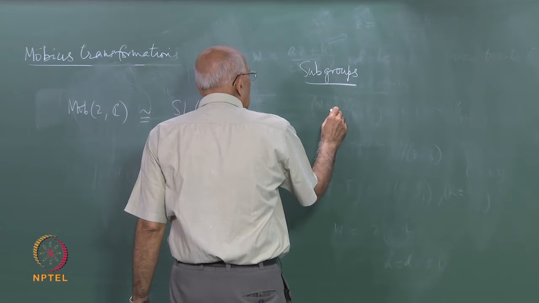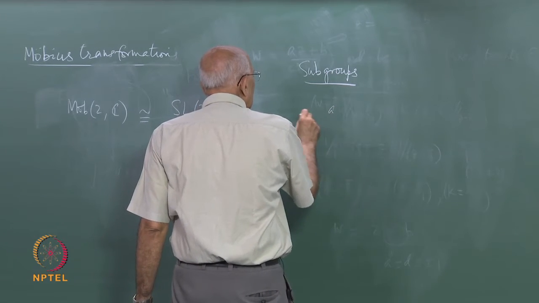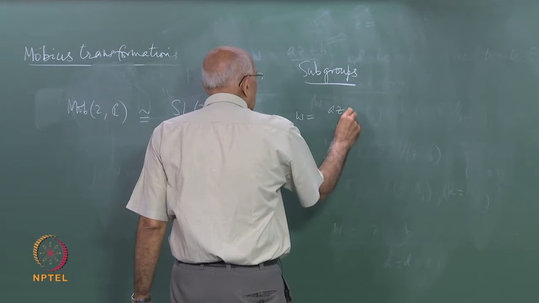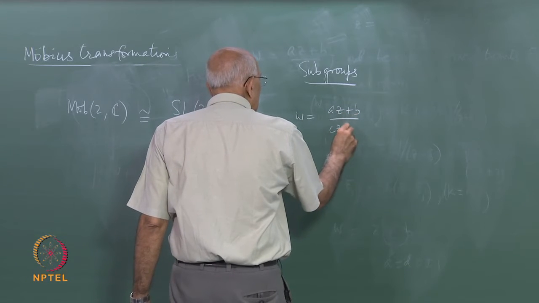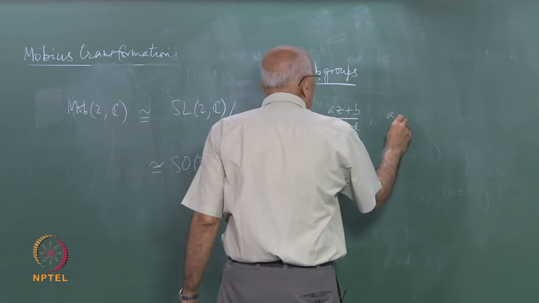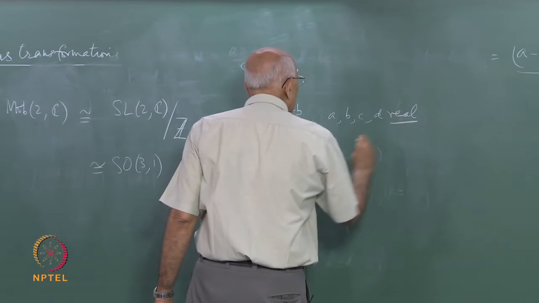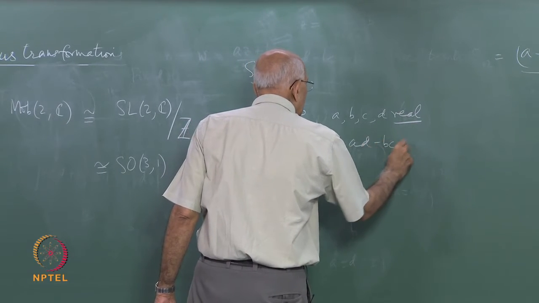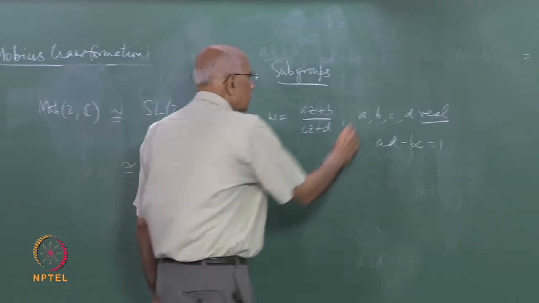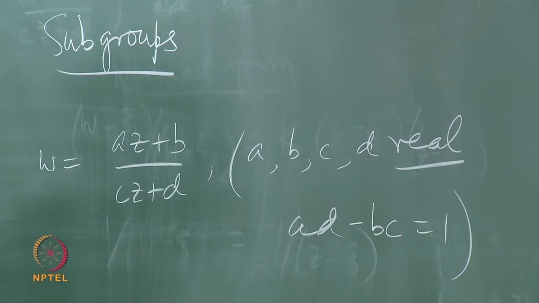The set of transformations W equal to (AZ plus B) over (CZ plus D), A, B, C, D real, and AD minus BC equal to 1. This set of transformations also forms a group.